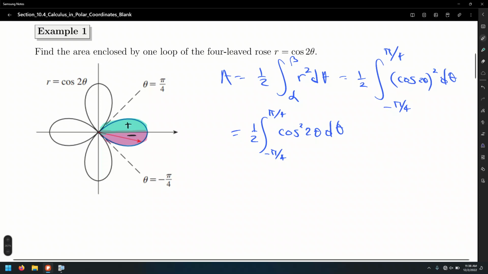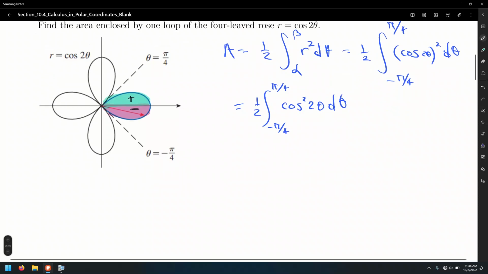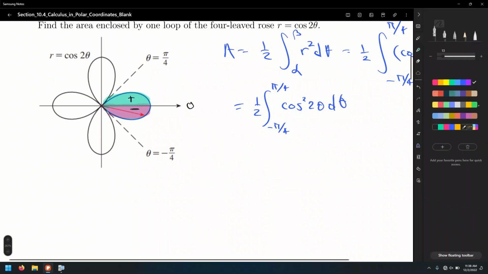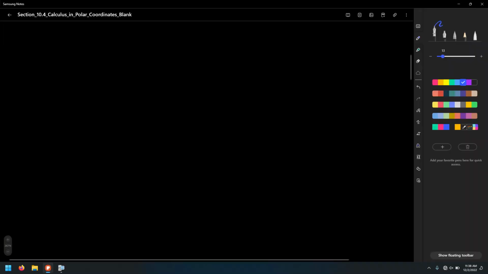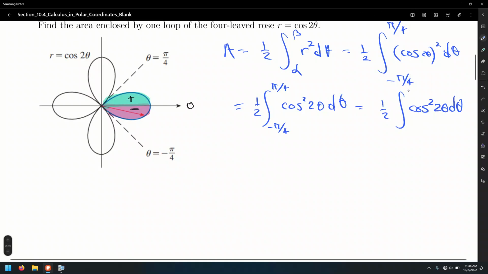So in this case, just like she said, we're going to take advantage of the symmetry. So I'm going to evaluate the integral between 0 and pi over 4. So that's 1/2 the integral of cosine squared 2 theta d theta between 0 and pi over 4, and I'm going to multiply this by 2.